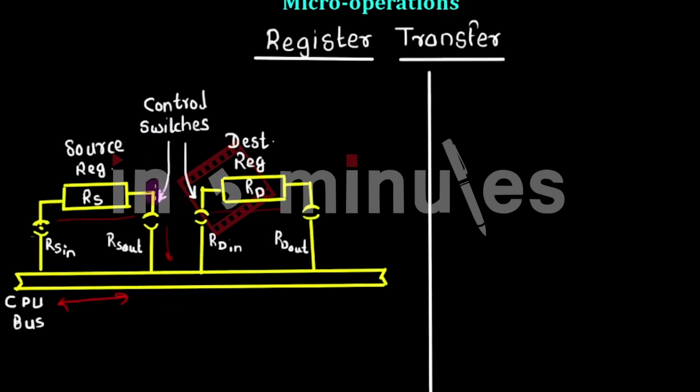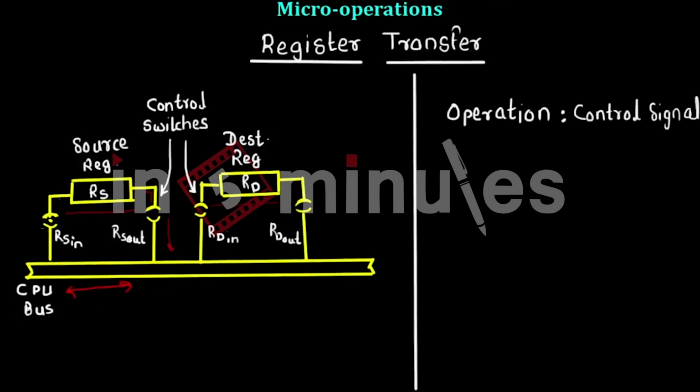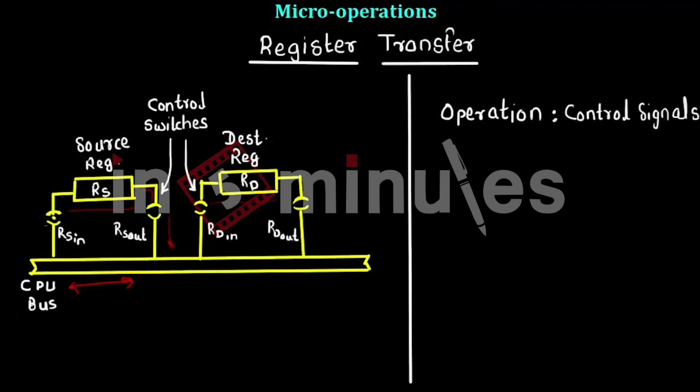To perform this operation, first of all, we have to set the control signals as follows. Only one cycle is going to take place here because the internal register transfer does not require more than one cycle. So in this one cycle, first we are going to set RS out, the control signal, as active.